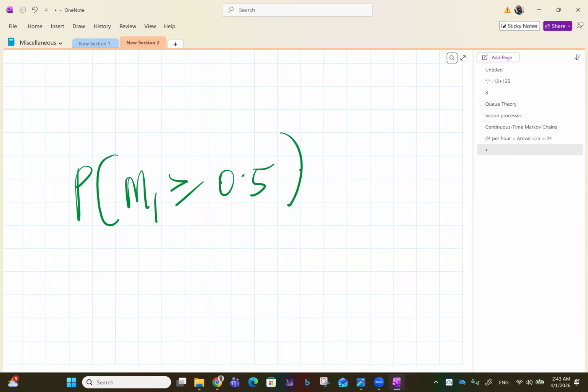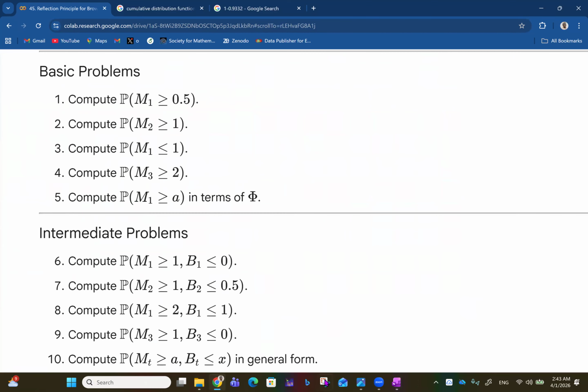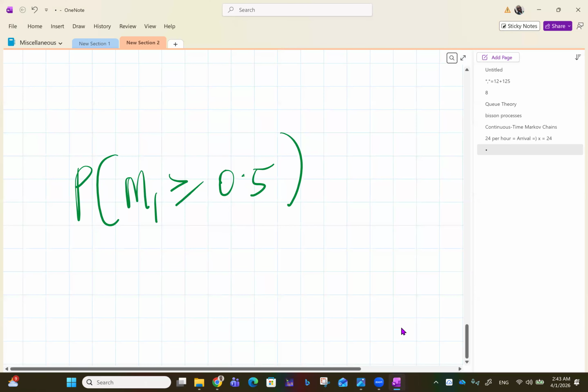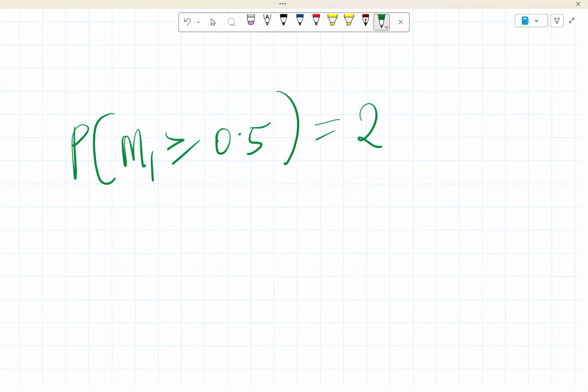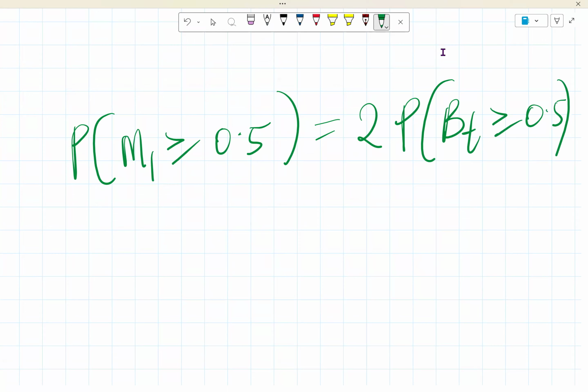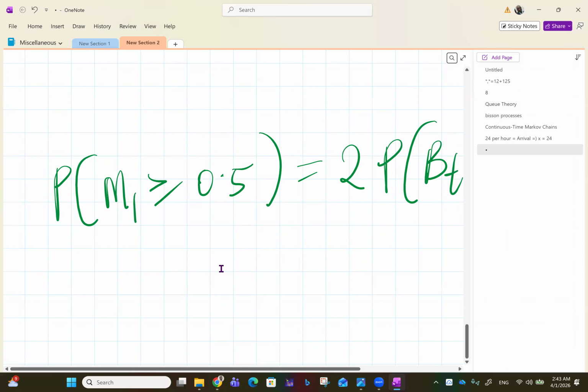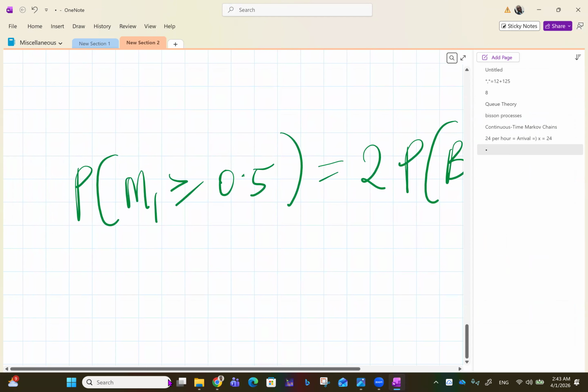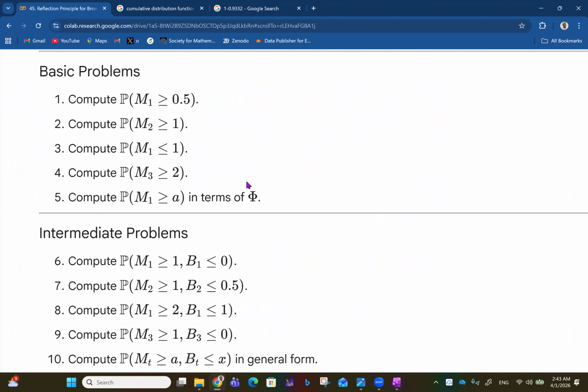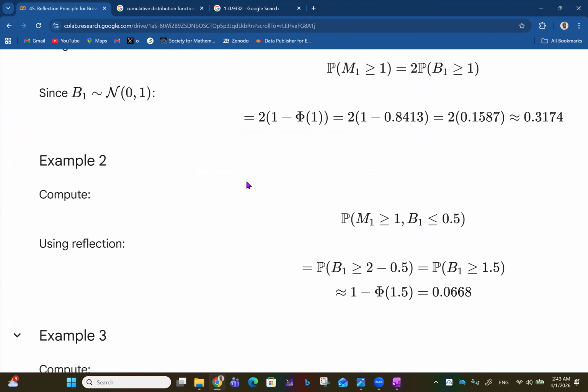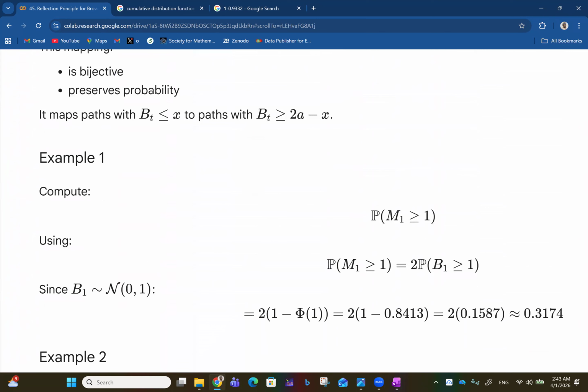So here, for this kind of thing, we know this is greater than or equal to 0.5, so it is one-sided, I believe. That is going to be equal to 2 times the probability that B_T is greater than or equal to 0.5. Let me confirm that, because this is just one side now. We don't have both. So M1 greater than or equal to 0.5, that's this kind of case.